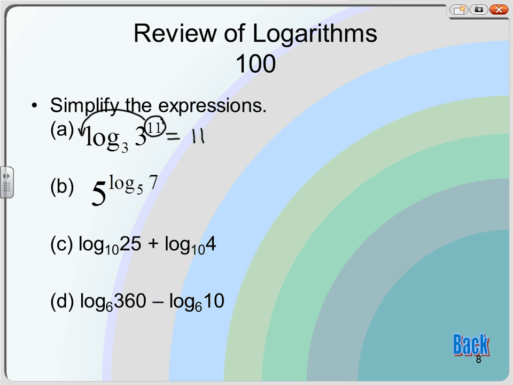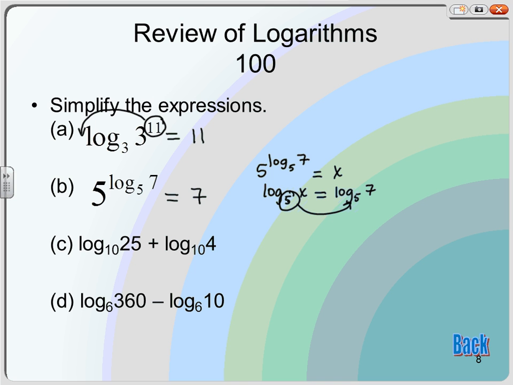Same thing here. This one's a little bit harder to see, but it's 7. Now, if you thought about it, 5 to the log base 5 of 7 equals x. If you switch from this exponential form to log form, it'd be log base 5 of 7 equals x. So remember how I showed you 5 raised to the other side equals x?